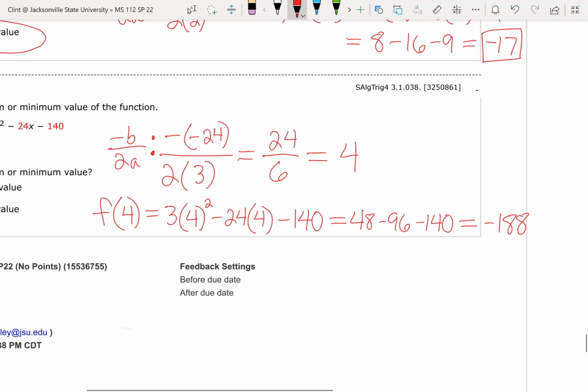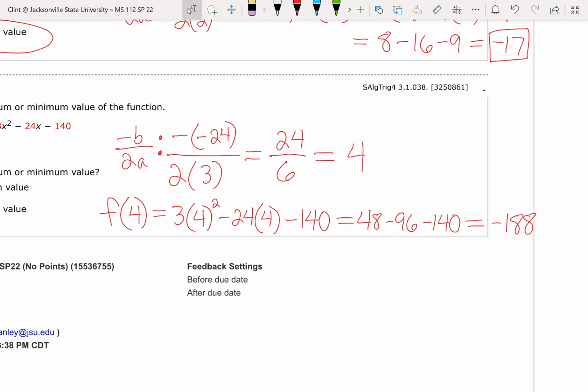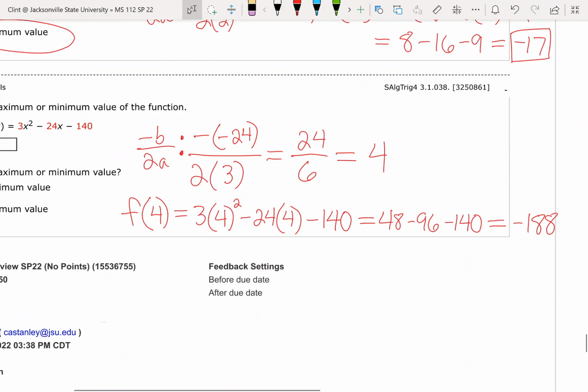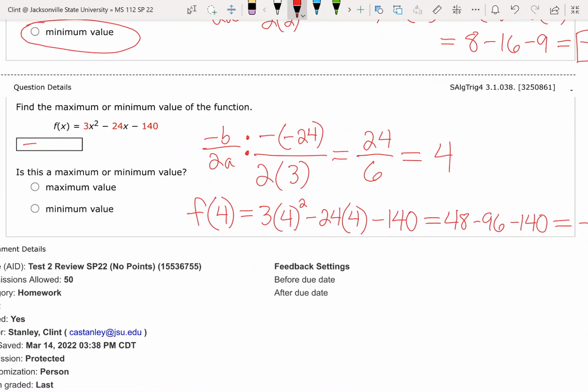So that's our value. Is that a minimum or a maximum? It's a minimum again. We've got a positive 3 out front, so it opens upward. That's a minimum value.